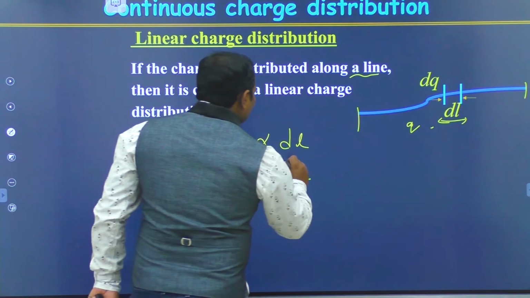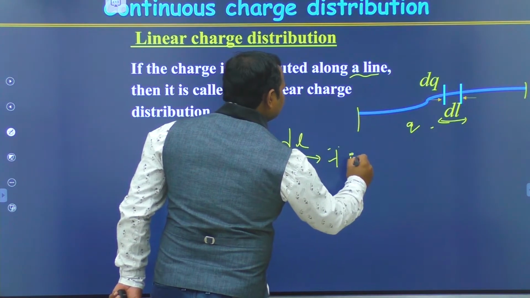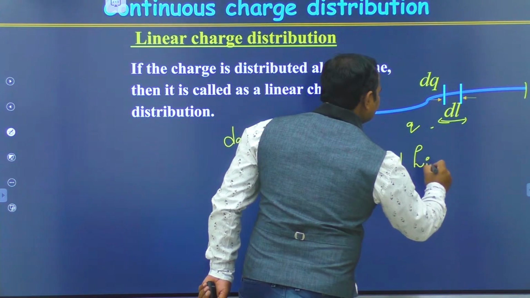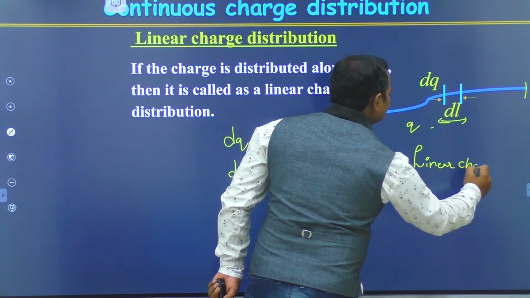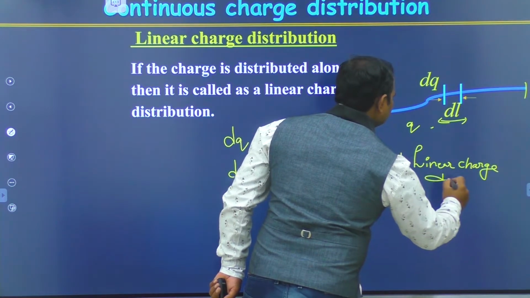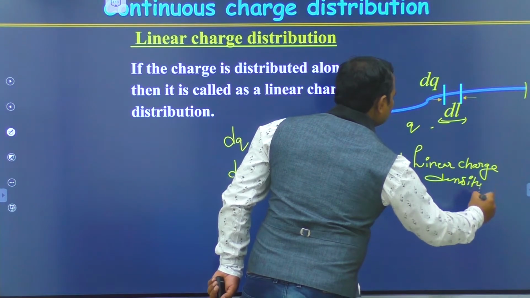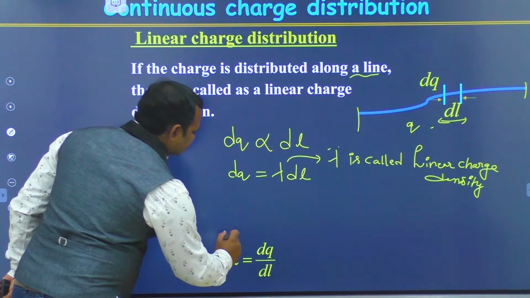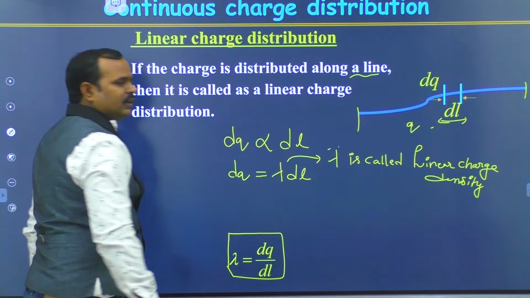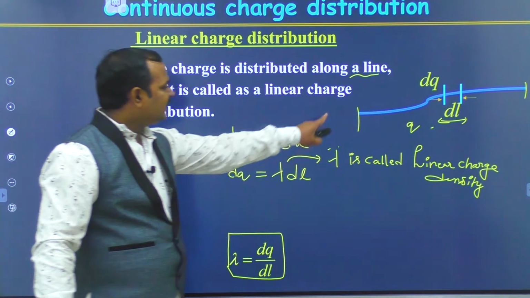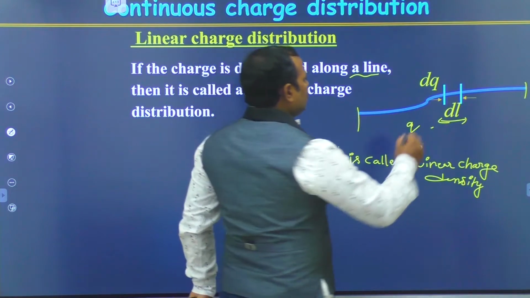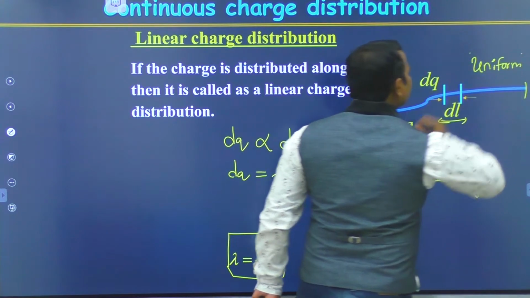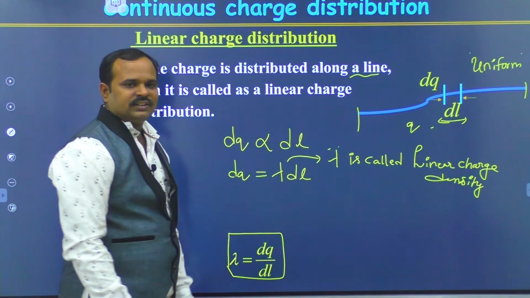Here the proportionality constant lambda is called linear charge density, and it can be expressed as lambda is equal to dq by dl. This is only valid for a uniform charge distribution.